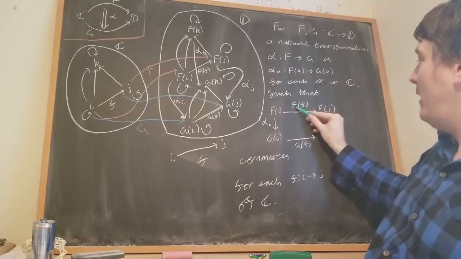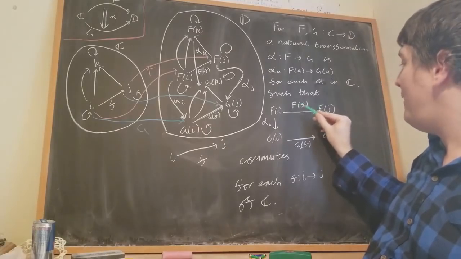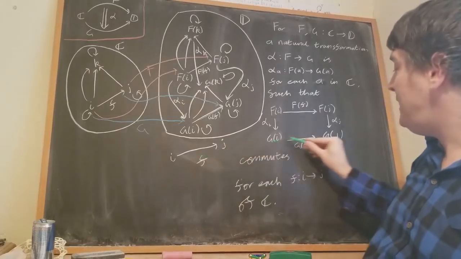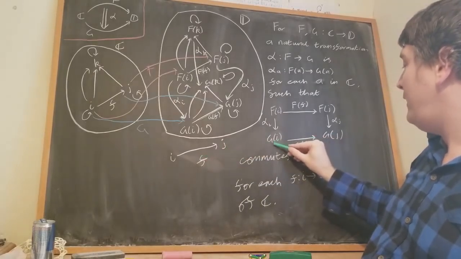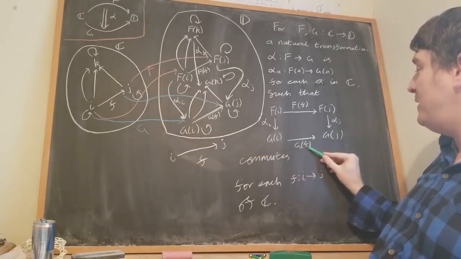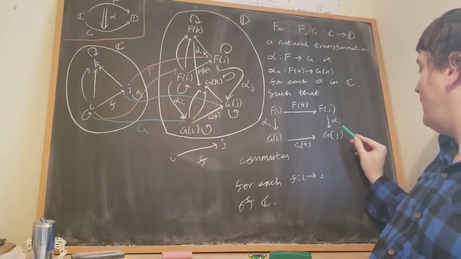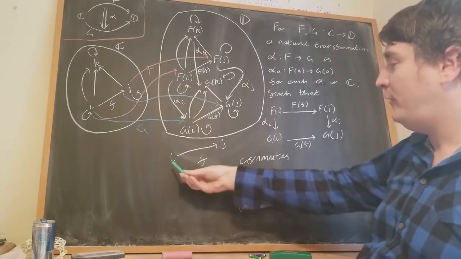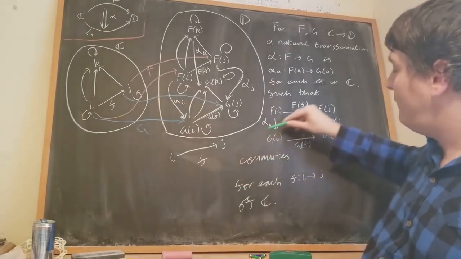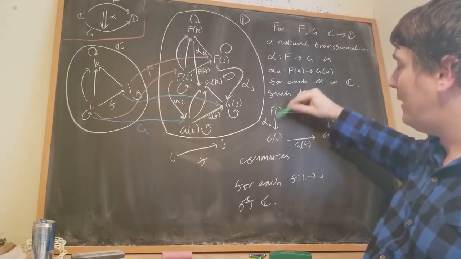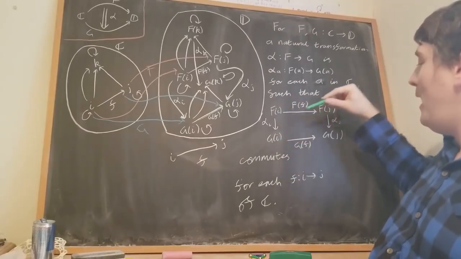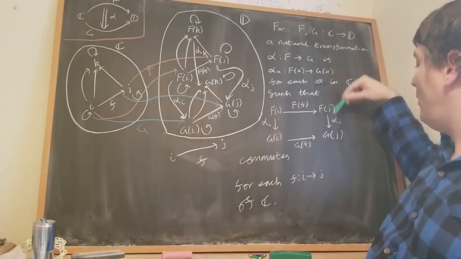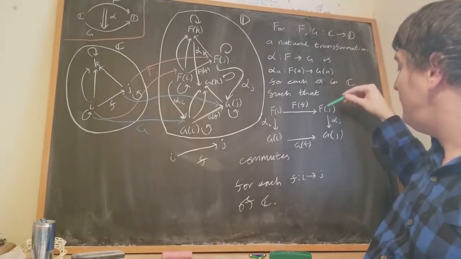It'll be an arrow capital F of F from F of I to F of J. And under our functor G, it'll get sent to this arrow down here, G of F from G of I to G of J. Now, for this object I, here's the ith component of the natural transformation. And for this object J, here's the jth component of the natural transformation.